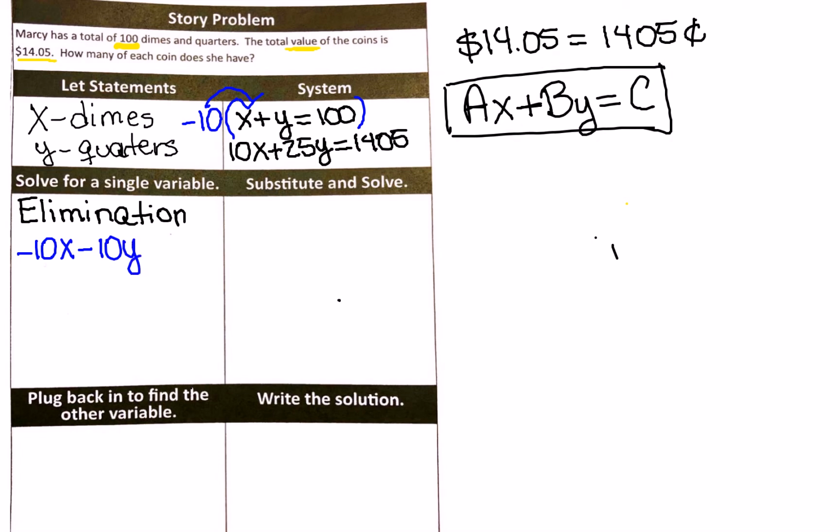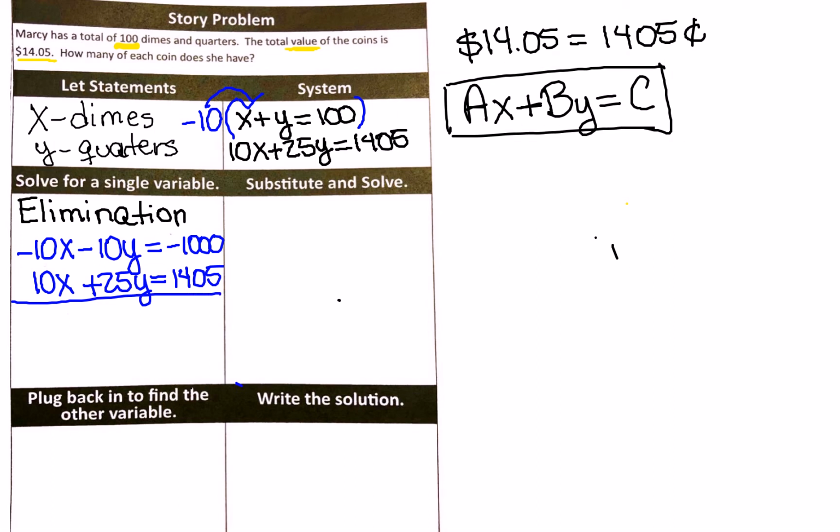And -10 times 100 is -1000. Now my second equation will stay the same, so it's 10x plus 25y equals 1405.